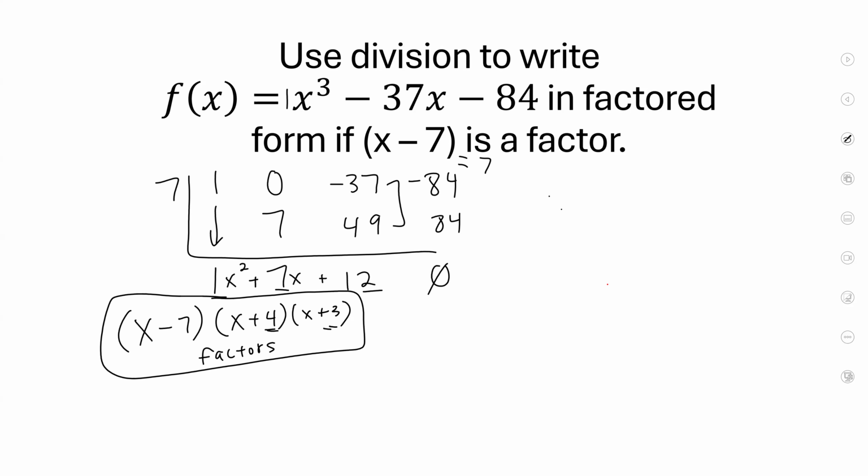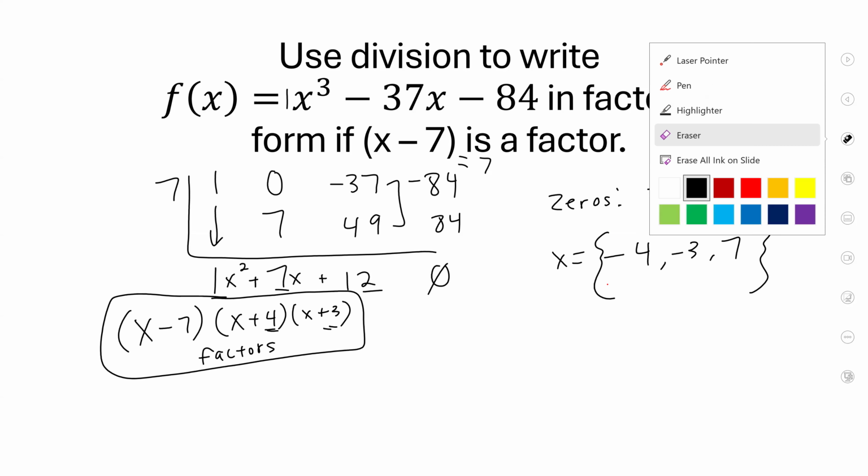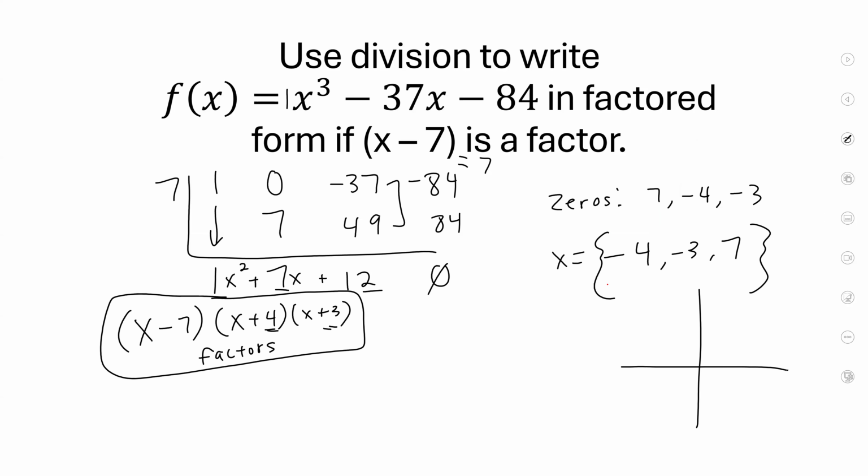What are my zeros? 7, -4, and -3. Great, I'll put it in order. All right, so those are my zeros. Great. Now, none of these repeated, so my multiplicity is 1 for all of these.